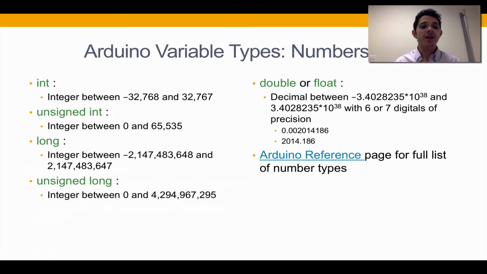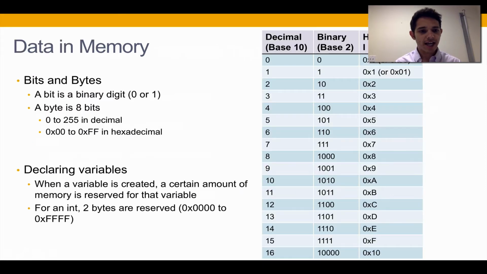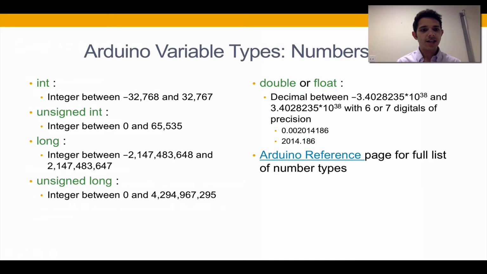As you can imagine, when you define an integer or an unsigned integer, those are only 2 bytes of data, as we discussed on the previous slide. Long integers are more bytes of data, so they'll take up more space in your Arduino if you store those. What takes even more space is doubles or floats. You can see here that's a decimal value between minus 3.4 times 10 to the 38 and plus 3.4 times 10 to the 38.